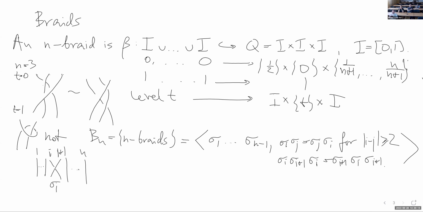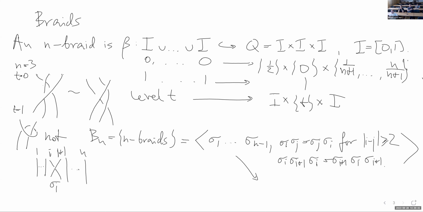Maybe I should mention that if we did not insist that these are embeddings, we would be allowed to change crossings. And what kind of group would we get then? Well, then sigma squared would be identity in particular. Anybody can guess what kind of group we would get? Permutation?